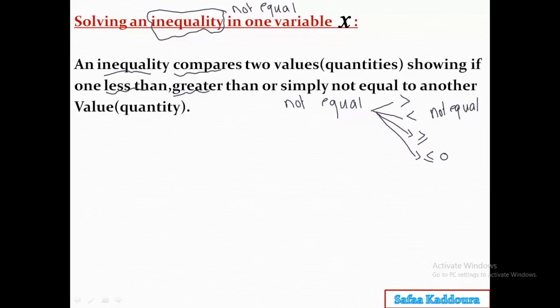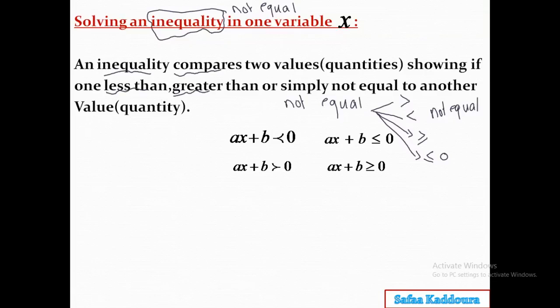That is inequality. For example, I will give you some forms that you will see in our lesson. The first one: ax plus b less than 0, ax plus b less than or equal to 0, ax plus b greater than 0, and ax plus b greater than or equal to 0.